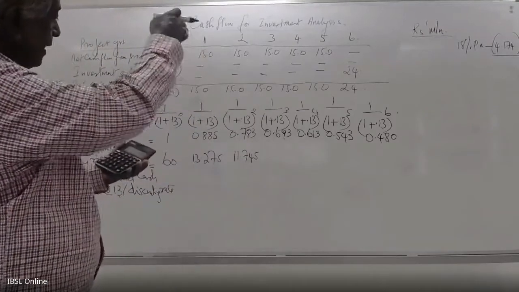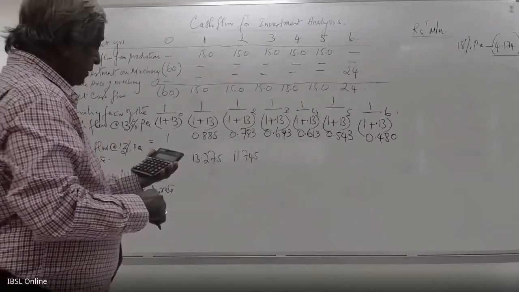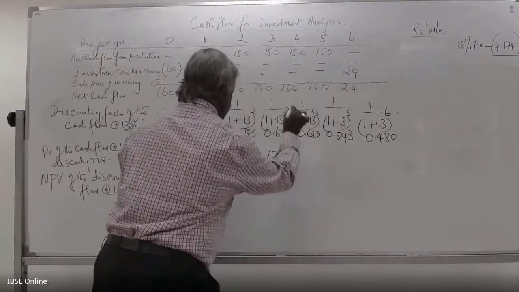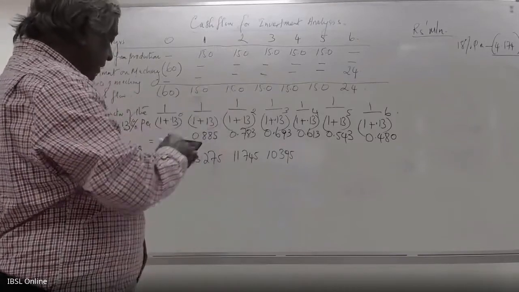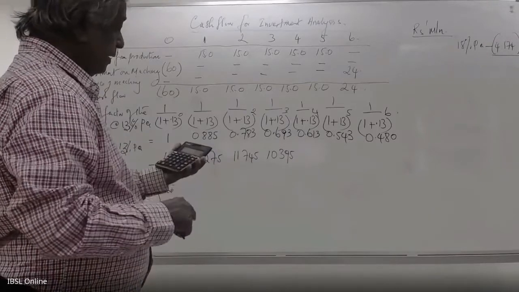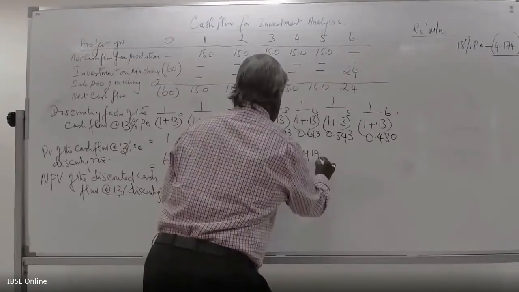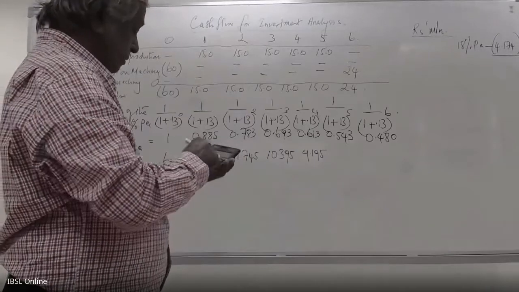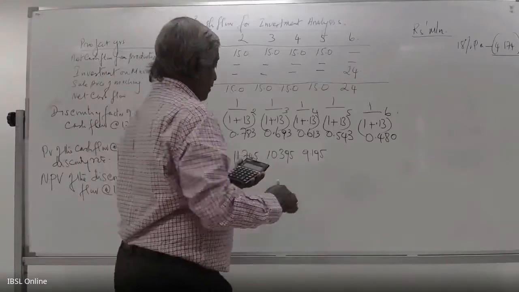Now multiply 15 by 0.693. 10.395. Multiply 15 by 0.613. 9.195. Multiply 15 by 0.543. 8.145.